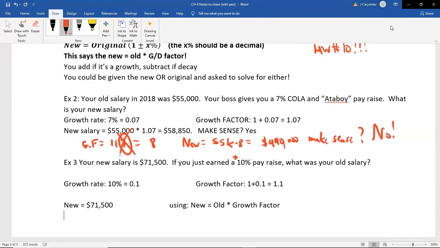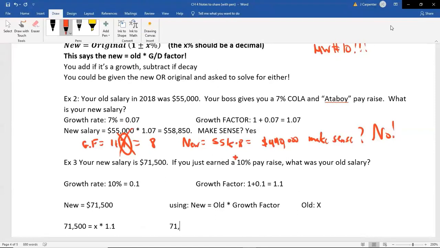New is not the unknown, it's the 71,500. 71,500 is equal to the old. The old is the unknown, so we're going to call the old X. That's the unknown. So we get 71,500 equals X times the growth factor, which is the 1.1.